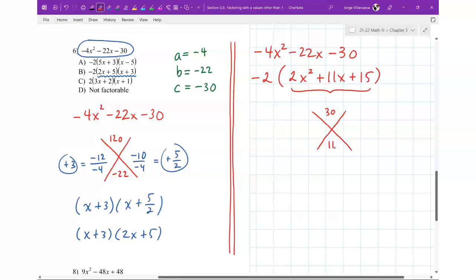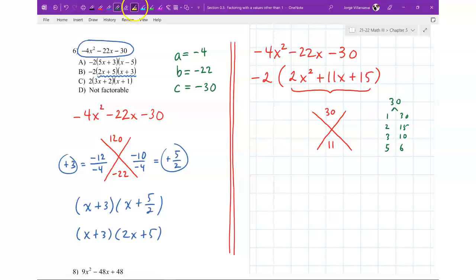What can we think of? 30 is 1 times 30, 2 times 15, 3 times 10, what else? 5 times 6. Do any of those give you 11 when you add them or subtract them? Yeah, the 5 and the 6. Right, these right here. So you would do positive 5, positive 6.